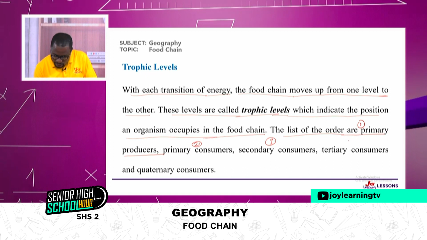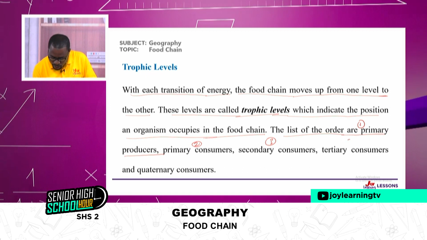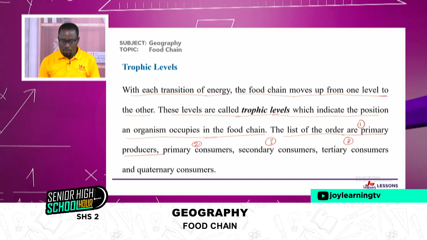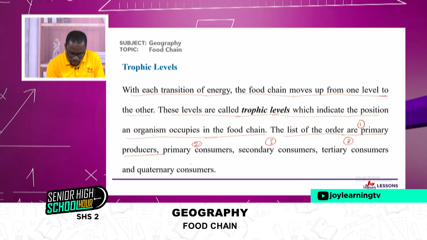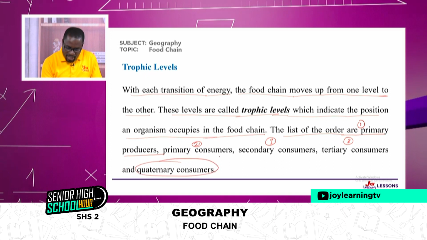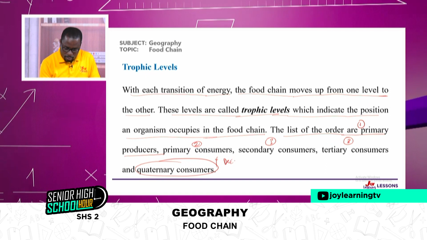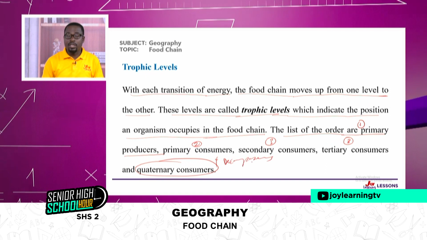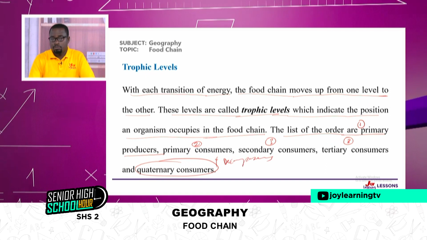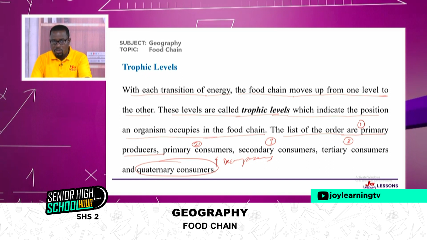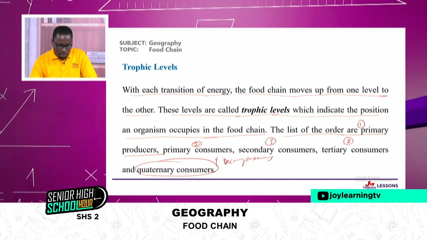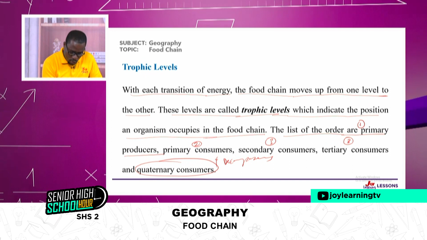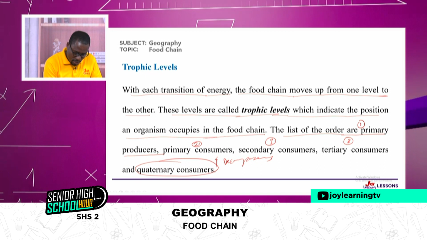Then we go to tertiary consumers, synonymous with omnivores. Then we go to the quaternary consumers, and that is the decomposers. Is that okay? And that is the last stage. So from the primary producers, going up to the quaternary consumers. Is that okay? Good.